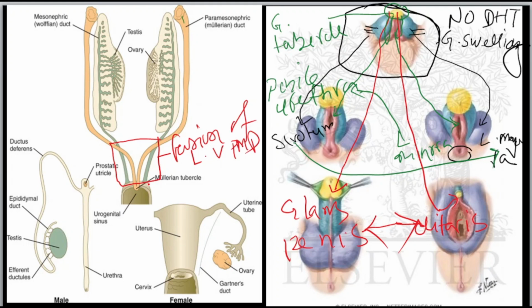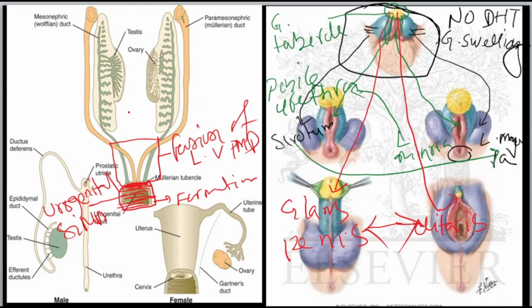These paramesonephric ducts invade the urogenital sinus. This is the urogenital sinus, and this urogenital sinus gives rise to formation of the lower one-third of vagina.